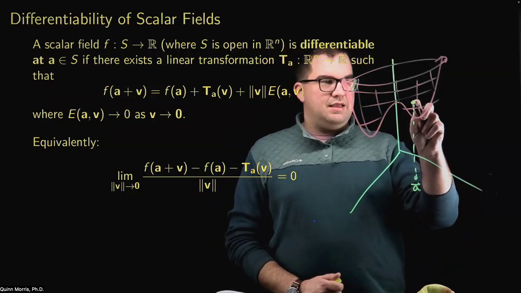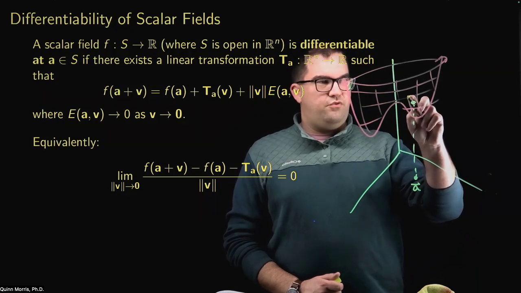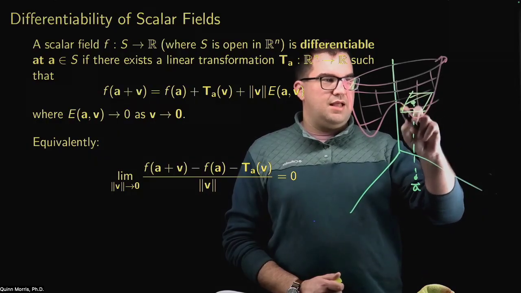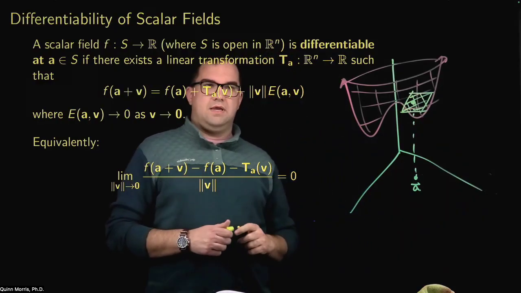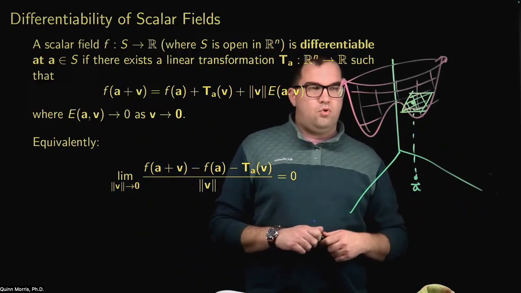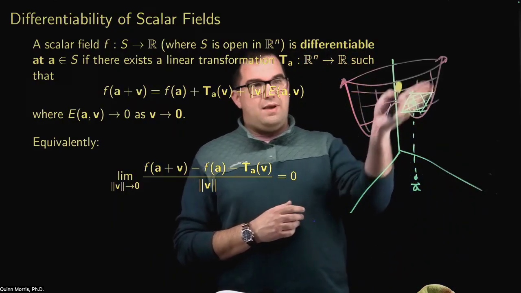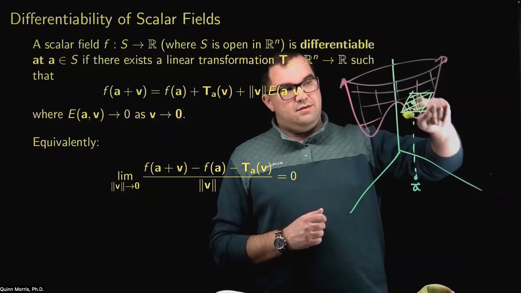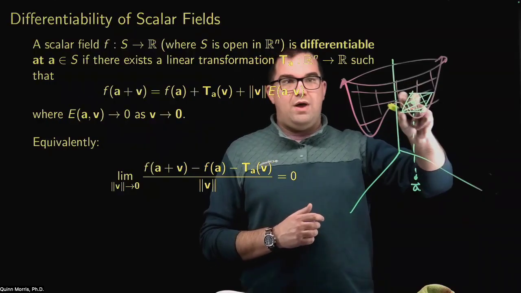It's saying not just that the directional derivatives should exist, but that they should form this sort of linear subspace that gives us a tangent plane at that point. So differentiability has to mean more than just the directional derivatives existing. It has to mean that they form a linear subspace so that we can really approximate this function well.